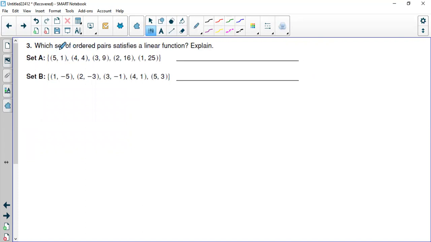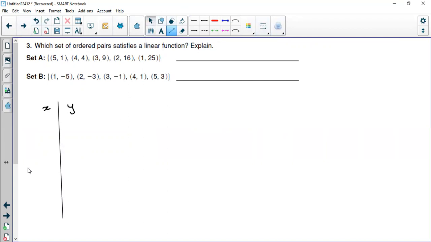What does the question say? Which set of ordered pairs satisfies a linear function? Now they have given you pairs of coordinates, right? Now to make it simpler for you, let me write it down in this way. We are going to write the value of x here and y here. Okay, this is just to make you understand only. If you can do it directly, you can go ahead and do it.